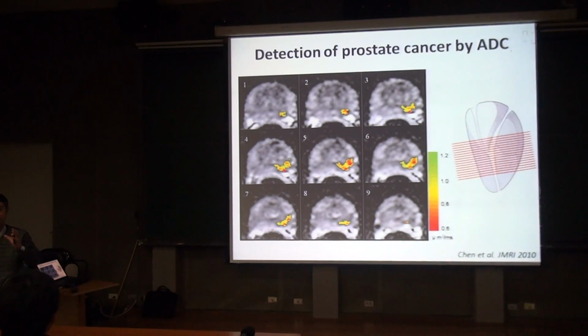Because there are many cells aggregated in the cancer tissue, and so most of the water is inside the cancer cells. So the diffusion coefficient will be decreased. That means as compared to the normal tissue, the cancer tissue will show decreased diffusion coefficient.